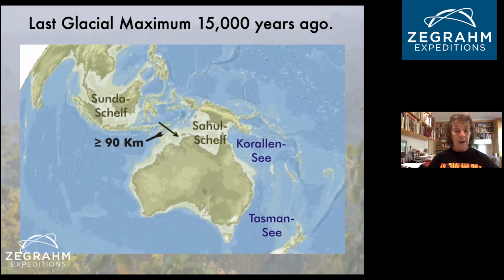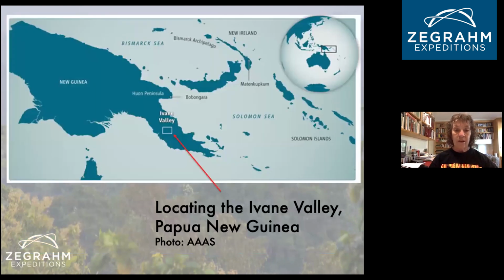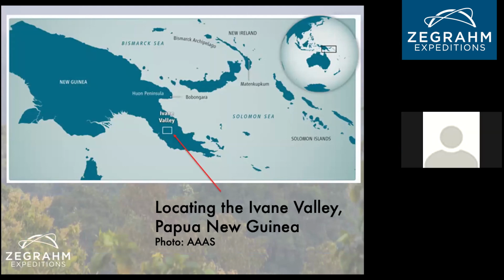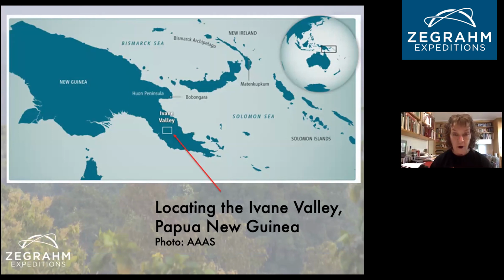However, archaeological evidence has suggested that that's quite different, that we have to rethink that because ancient artifacts were unearthed in the highlands of Papua New Guinea, particularly in that little part of the Ivane Valley in the Morobe district. Archaeologists found charred nuts from the pandanus.